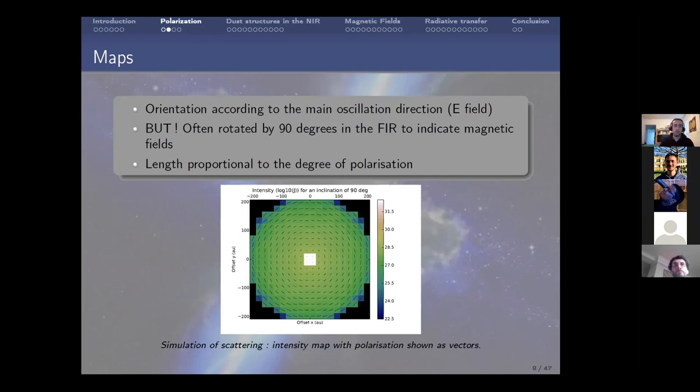But I'm going to explain that a little bit further at that stage. If not specified, all the polarization vectors are going to represent the electric field in the presentation. And usually the length is proportional to the degree of polarization. That's what I'm going to do. For example, in this image, which is a simulation, the degree of polarization is higher on the outer bounds of the clump than on the very inner part.